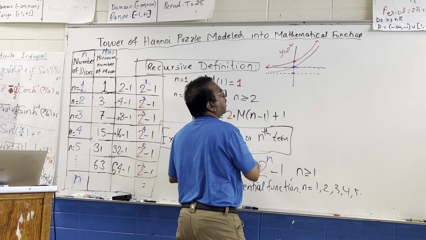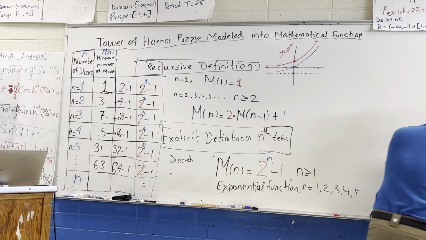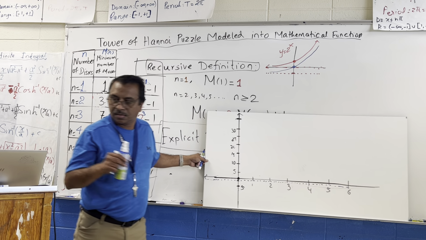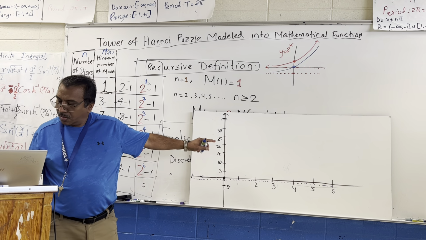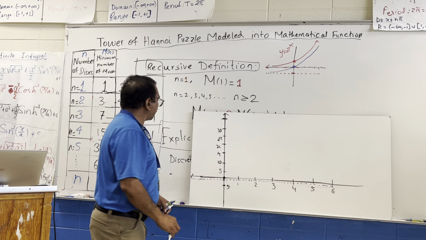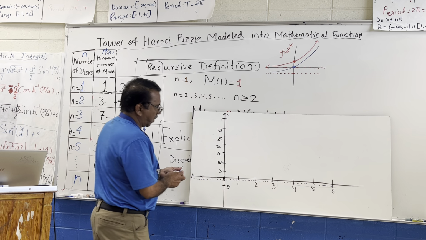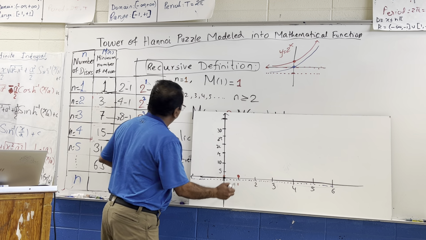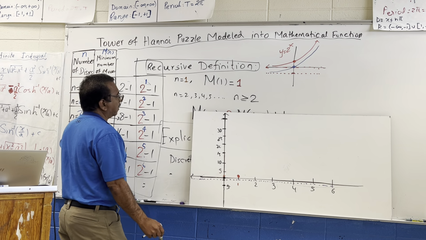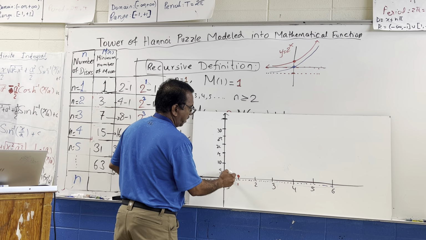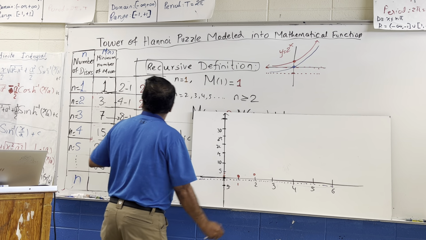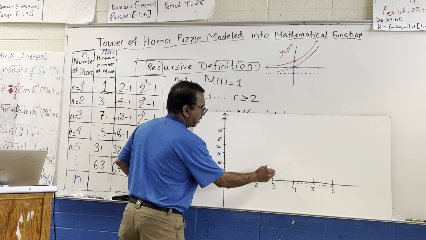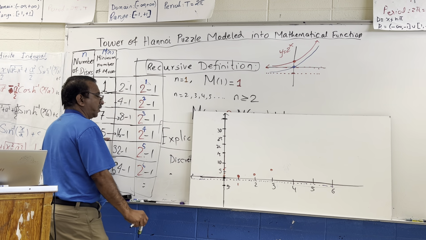Let's graph it with the grid. I already have a grid. When n is 1, it is 1. Then 2 is 3, which will be somewhere here. Then 3 is 7. 7 will be here. 4 is 15.